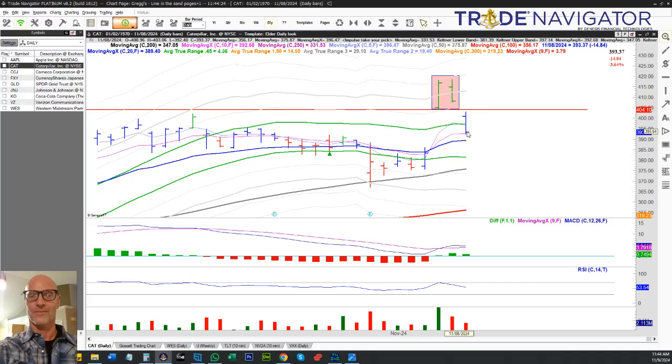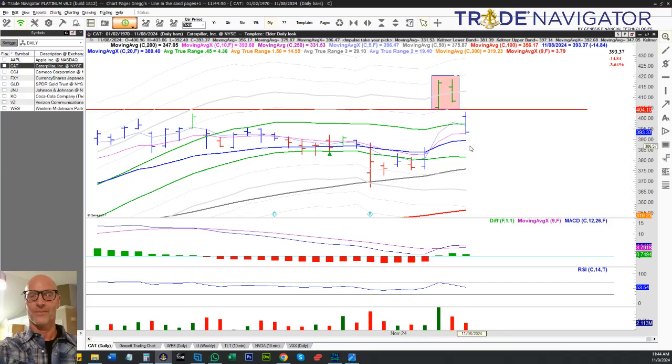Now, could I short here right now? I could, but I don't want to. I could short right here, place a 2 ATR stop above and a 4 ATR profit target below. And I may not get this, but the ideal place to short this is at the bottom of the island reversal, and the low there is 404.01.